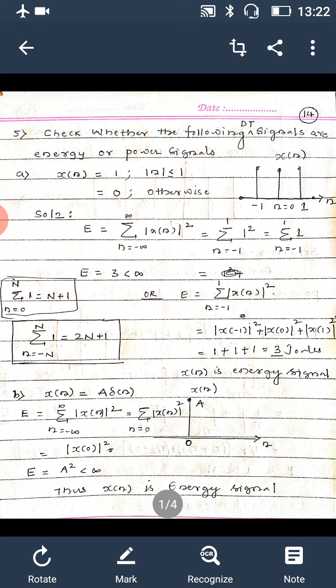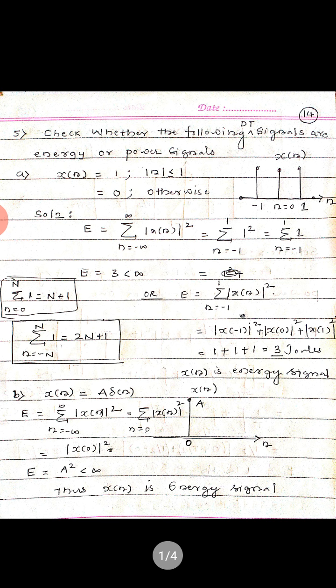So the energy is given by the square of x of n only at n equal to 0, that is x of 0 square, and the x of 0 value is A, so this is A square, which is again less than infinity.